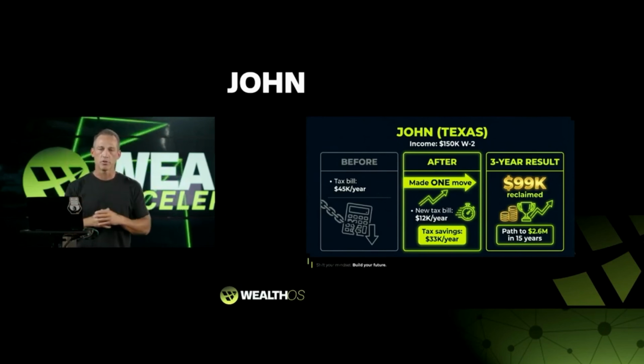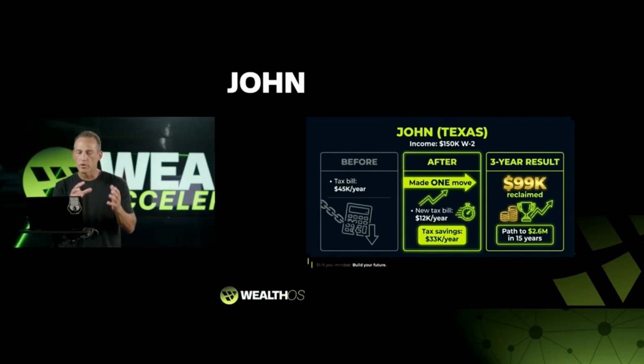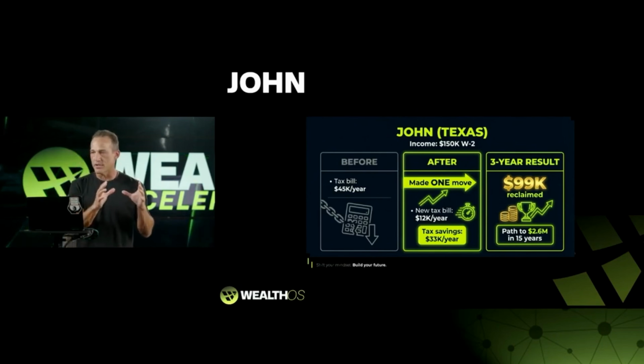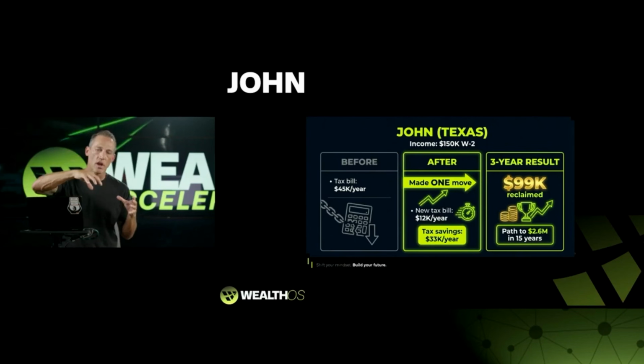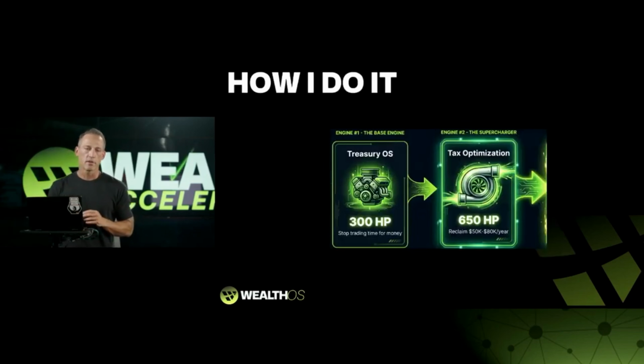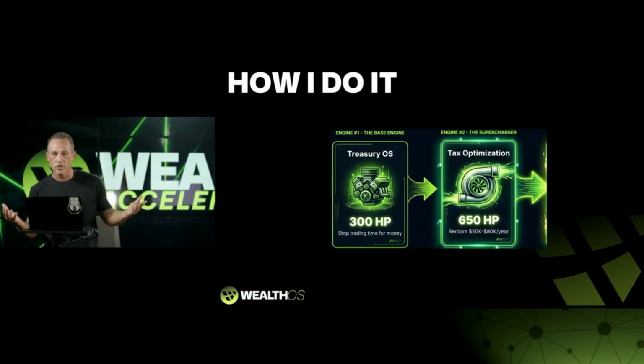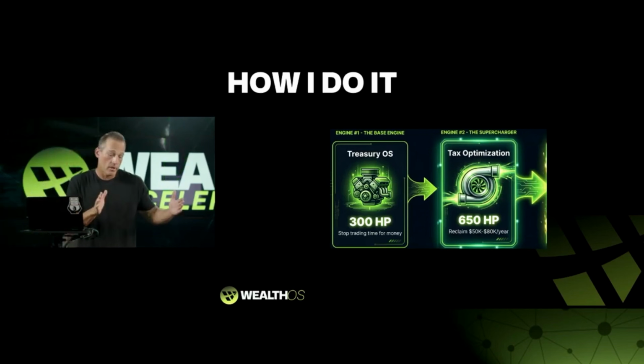That's the supercharger. So we have to build the collateral map first, because that's the base engine. Then we add the debt and the tax depreciation on top. That's the supercharger to get to about 650,000. What do I do? Well, each year I calculate what should be my approximate taxable income for the year.